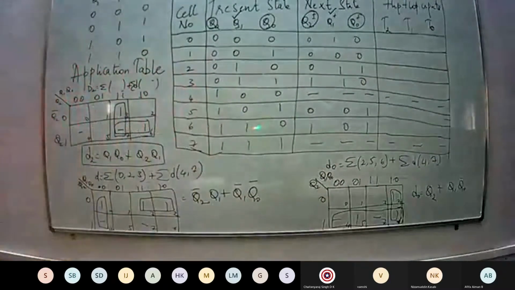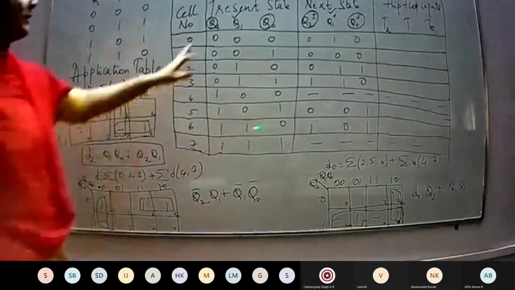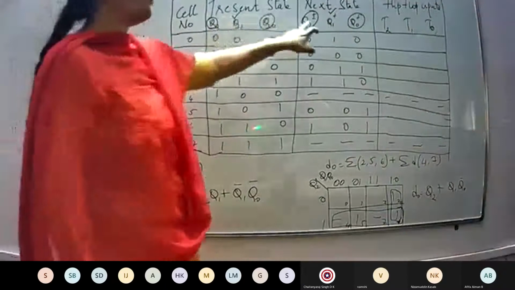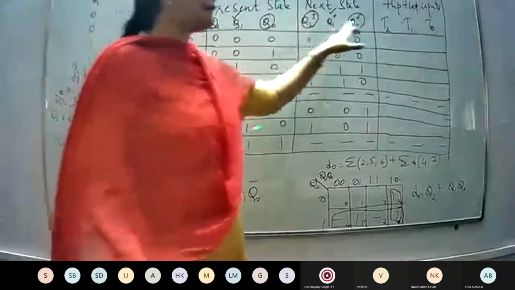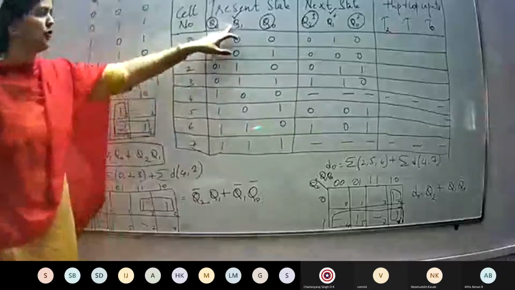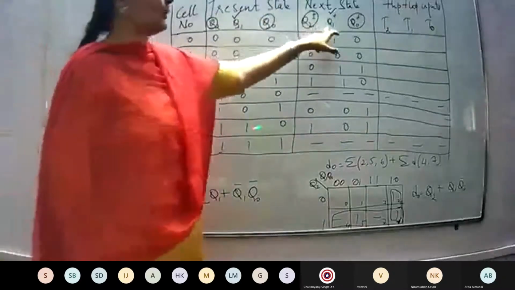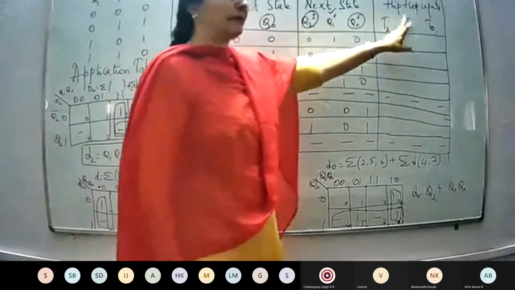Now, what is the next step? Next, you have to see Q2 plus and fill up T2. Again, you have to see Q1 plus and fill T1.